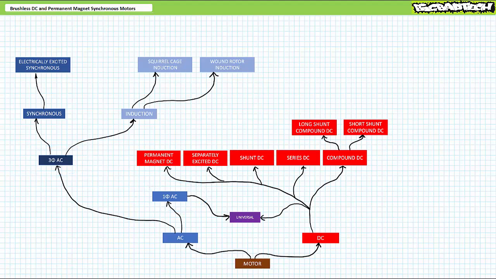The three-phase AC branch is further subdivided into two sub-branches: induction motors that exhibit a torque-dependent shift between rotational speed of the rotor and the synchronous speed of the stator, and synchronous motors whose rotational speed matches or is synchronized with the synchronous speed of the stator inside their operational range. Both styles of three-phase AC motors, induction and synchronous, use a rotating magnetic field in the stator and can reverse rotational direction by swapping any two applied phase sequences.